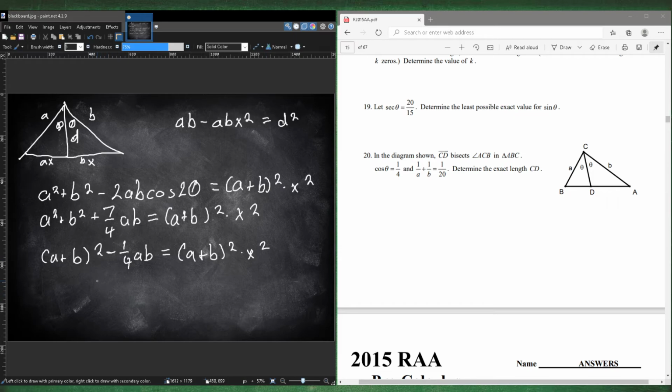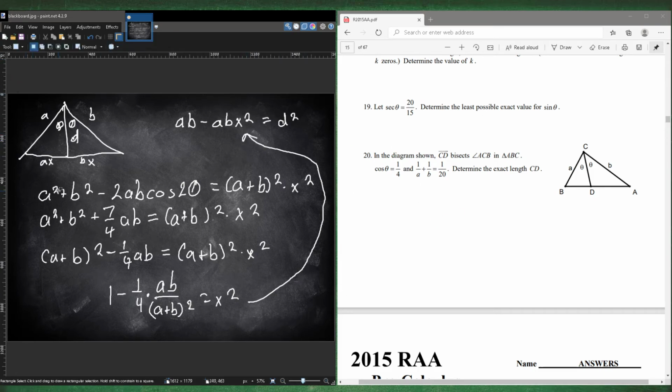So then to get x squared, we just divide both sides by a plus b squared, which is 1 minus 1/4. And then we have our ab over a plus b squared is equal to x squared. And now we can plug this in into here and we should get our answer.